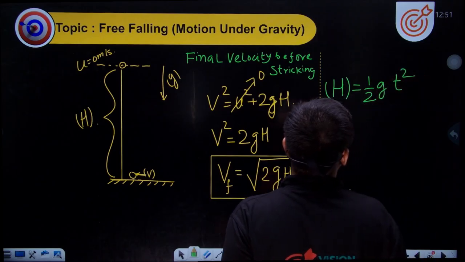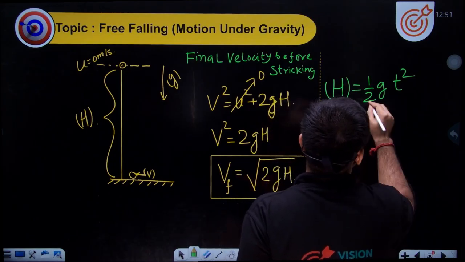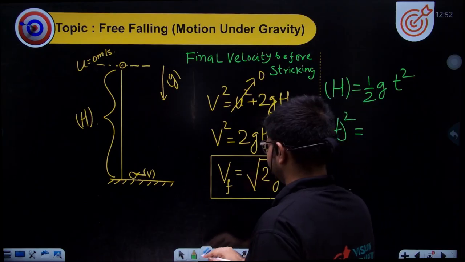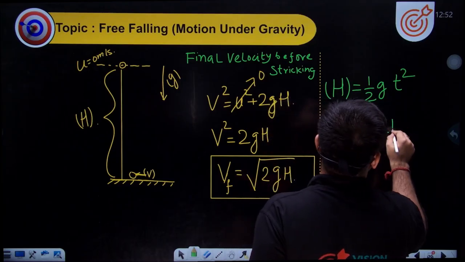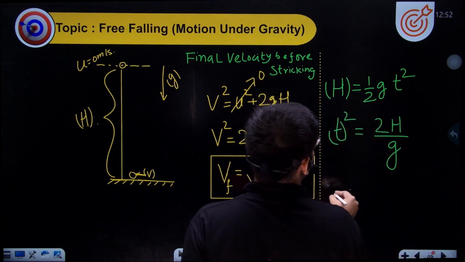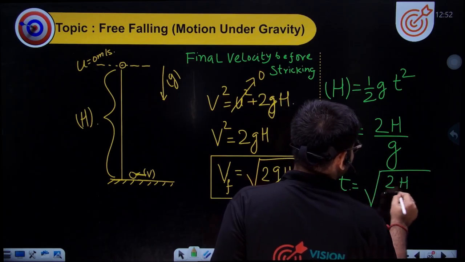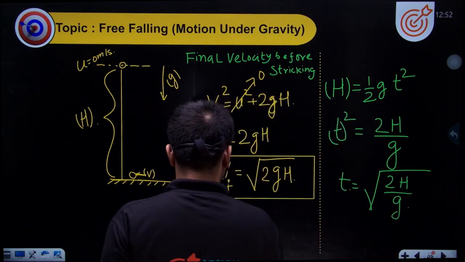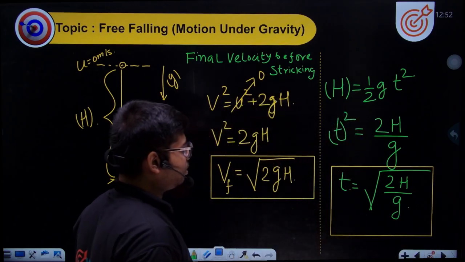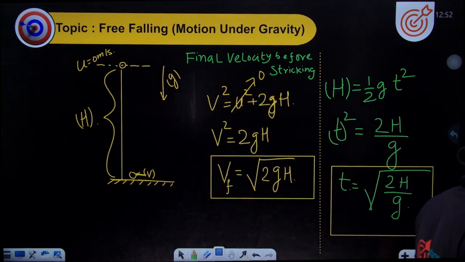We don't know t square, so my t square becomes 2h by g. Yes, t becomes root over 2h by g. This is the time taken. If you know the height and g, you can directly calculate the time.